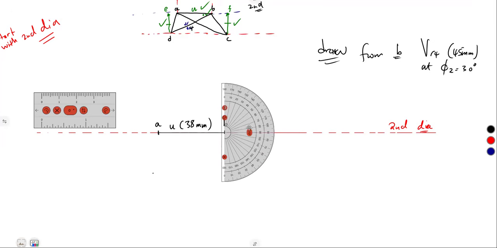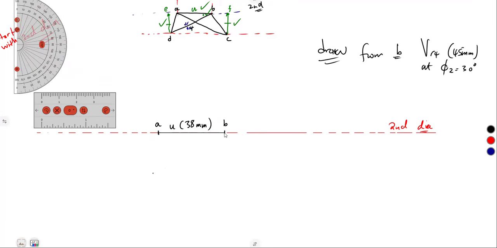So I'm going to join from B, passing through that point, 45 millimeters, which is 4,5 centimeters. That line is representing VR4.